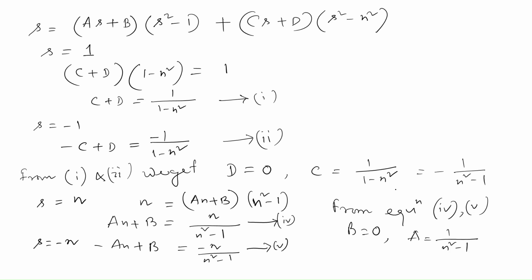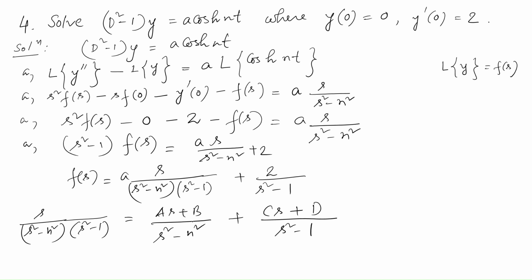Now let us put all of these values here. A term and c term, because b and d both of them are 0.